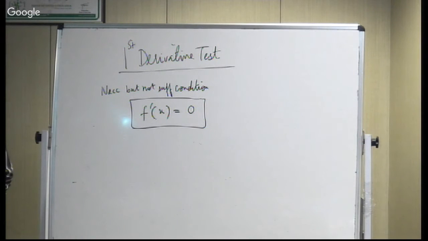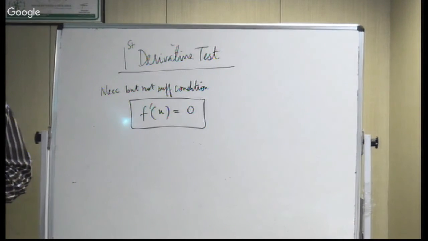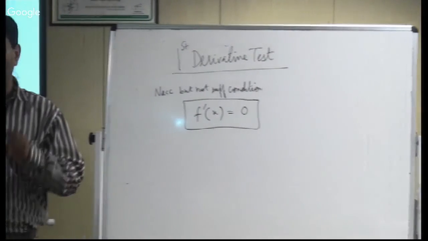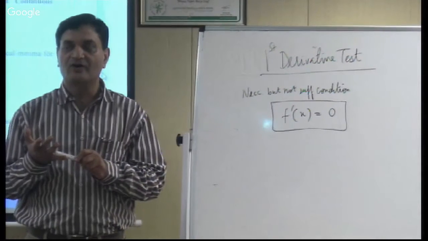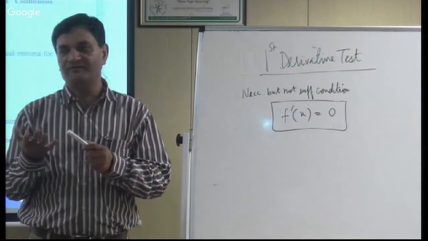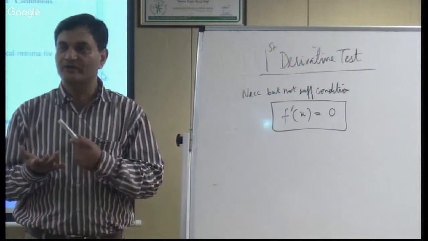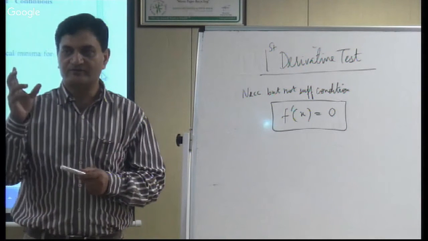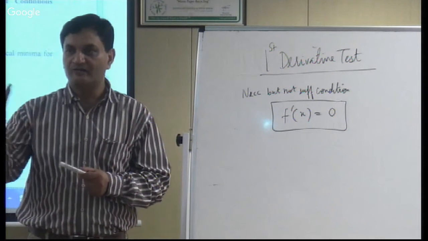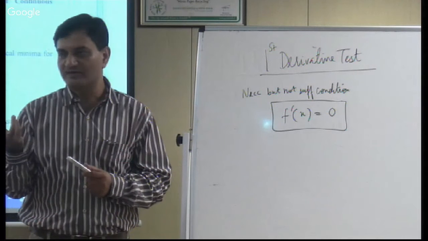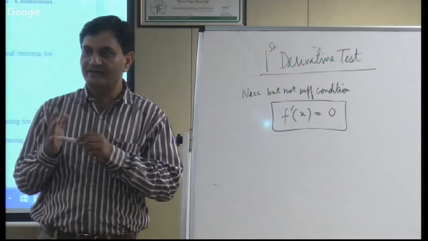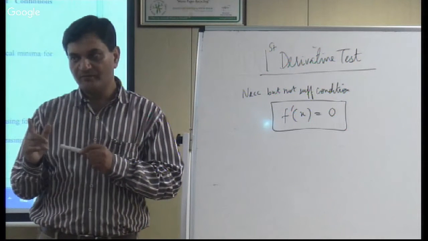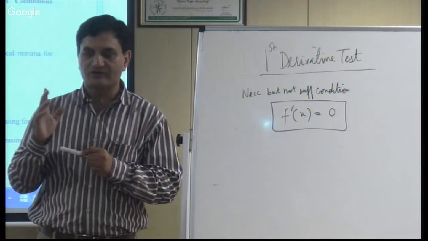See, if you have a point of local maxima or local minima, the derivative will either exist or not; if it exists, it will be 0, or it may not exist at all. For points of local maxima minima, I have told you at critical points you have local maxima minima. Now, what are critical points? Critical points are the points where the derivative will either be 0 or it does not exist.